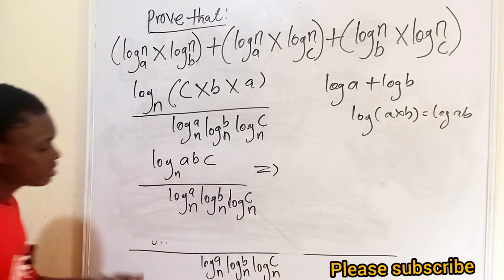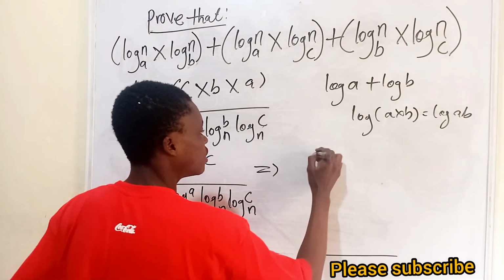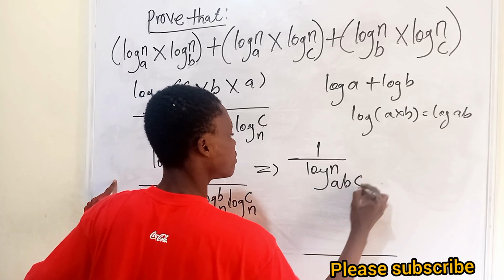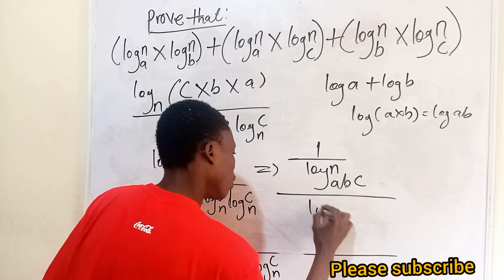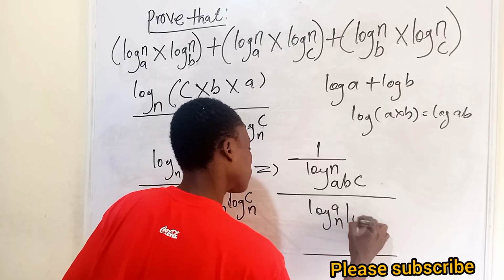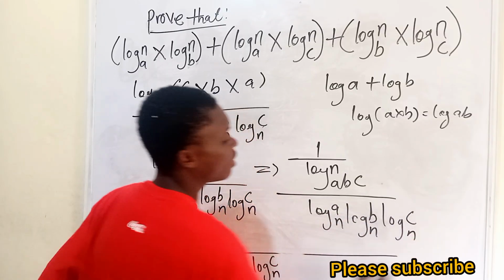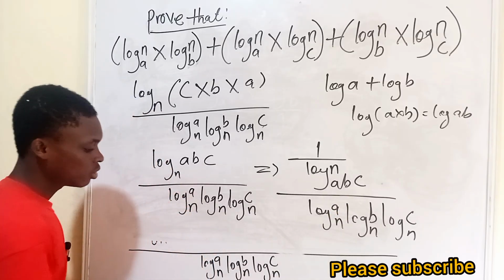And this implies that if we take the reciprocal, this becomes 1 by log n base abc, all divided by log a base n, log b base n, and log c base n. So from here, we can now find our final solution.